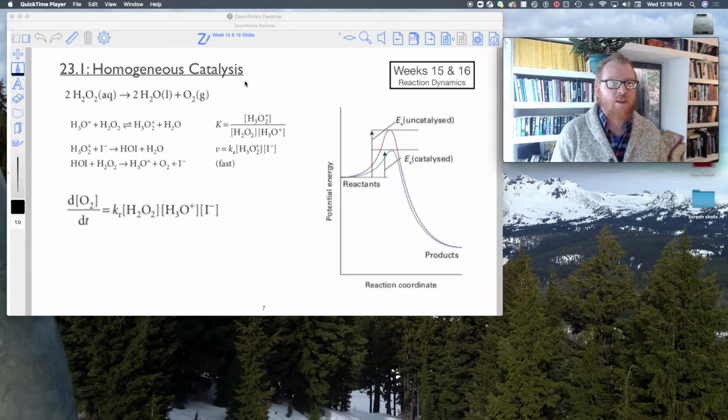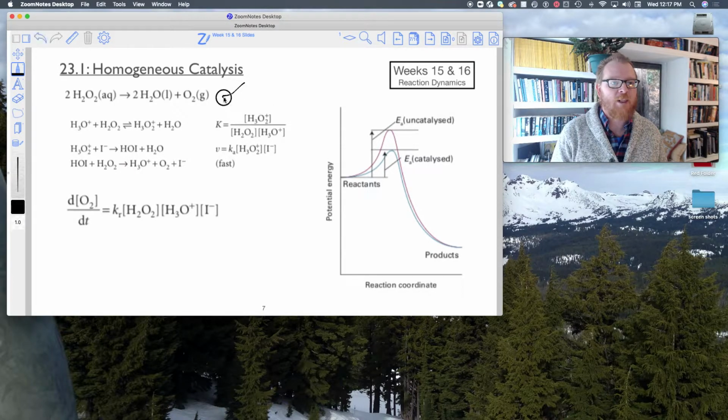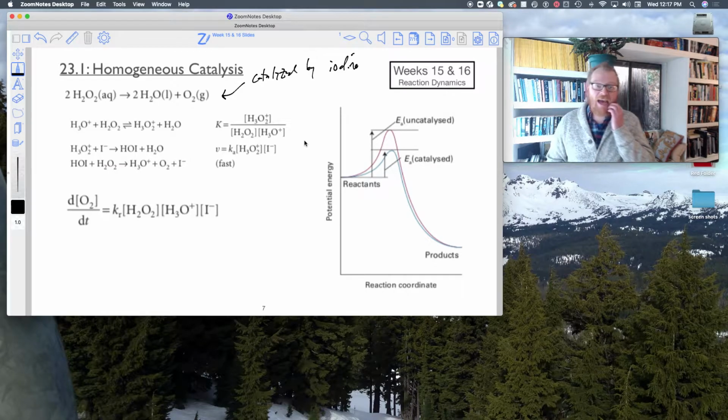Okay, so this reaction is typically catalyzed by iodine. And so the first thing that I'm going to note about a catalyst, the classic definitions of a catalyst, are that it reduces the activation energy.